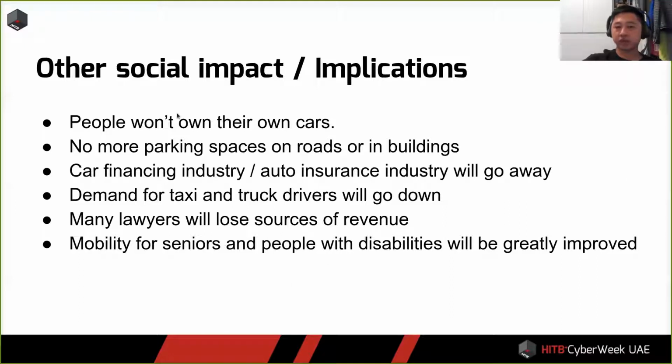So if we have self-driving cars, their life will be greatly improved and their social life could be maintained because they can visit other people using the self-driving car. These are some of the examples that people will talk about when self-driving car becomes a reality.